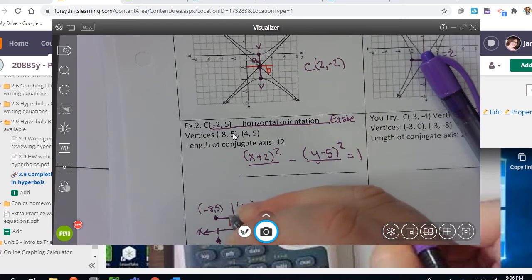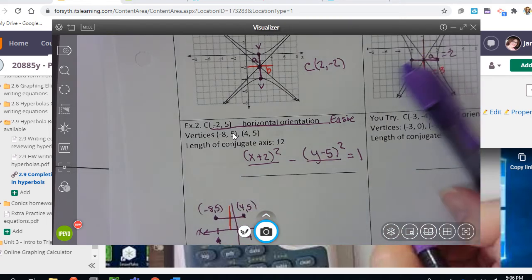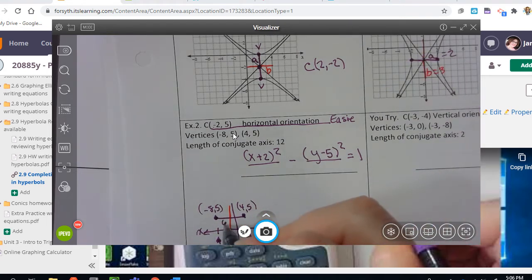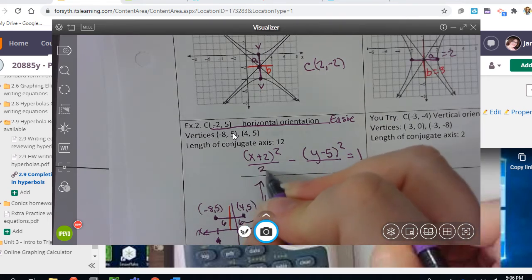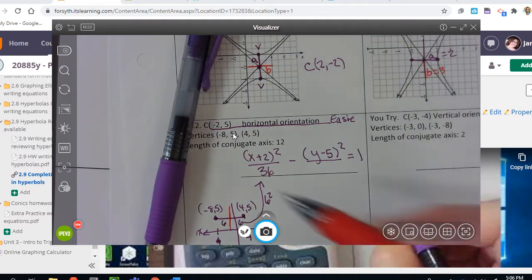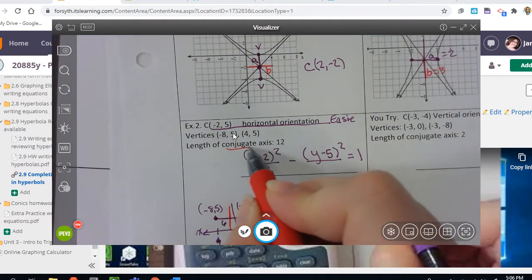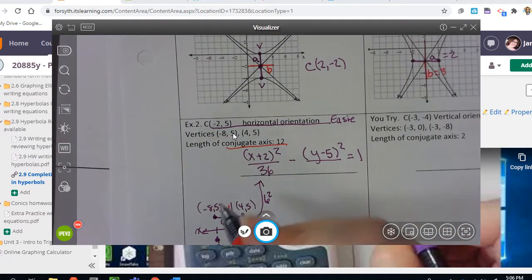So that means if we cut it in half, it's 6 and 6. So that means immediately this 6 gets squared. That's 36. Well, then it says the length of your conjugate axis is 12. Conjugate axis is what's here in red.